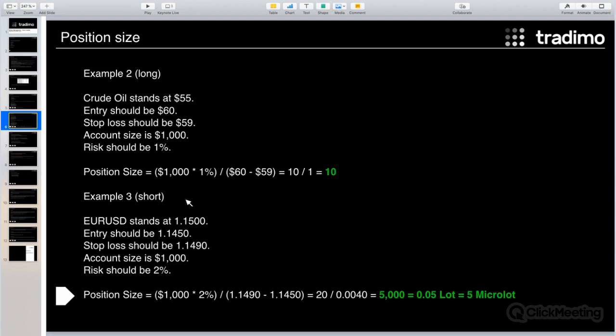It is a different story in the third example. You want to trade 5,000 units of euro dollar, and it's quoting around 1.15. Then it is more than your account size, because the account size is 1,000, and the nominal value of the trade is something around 3,700. So only in the last example would you need leverage, otherwise not.